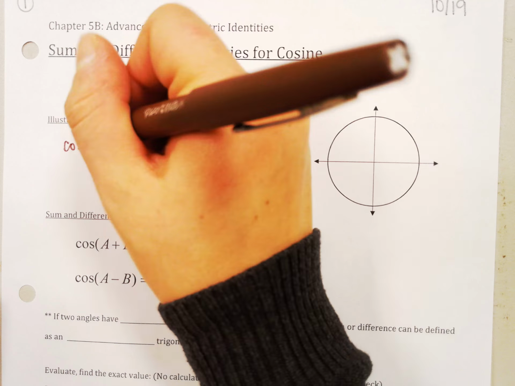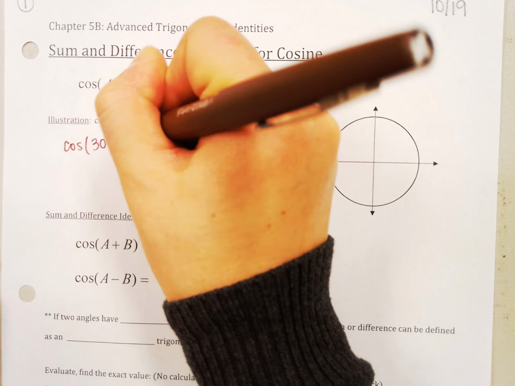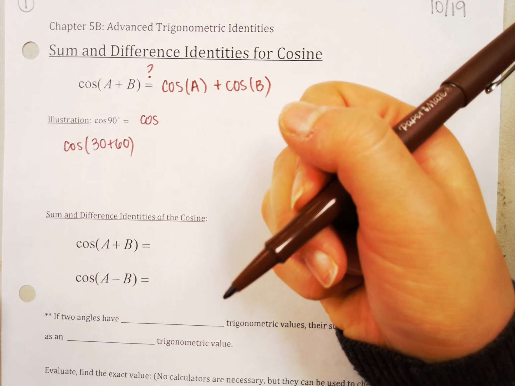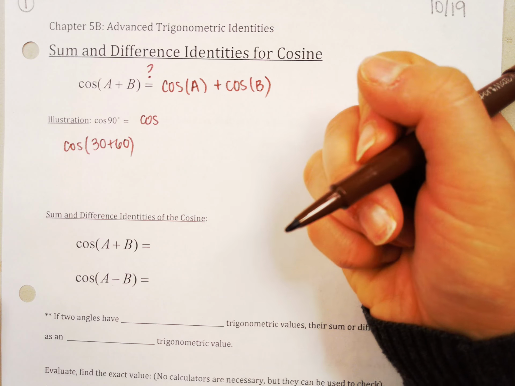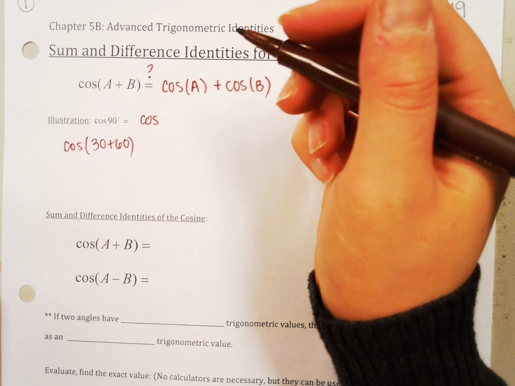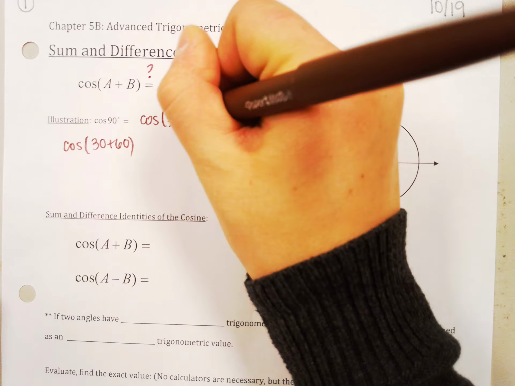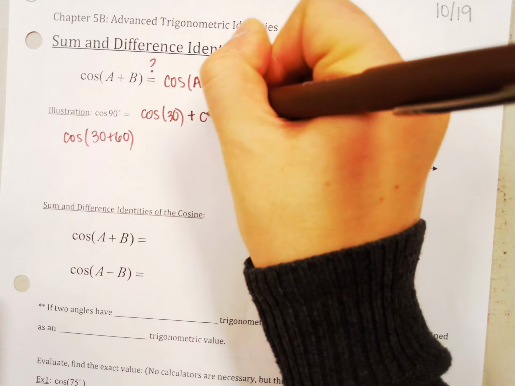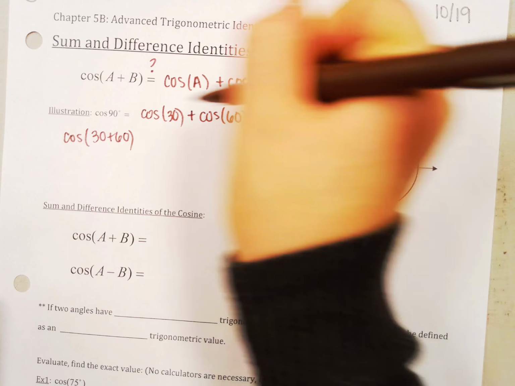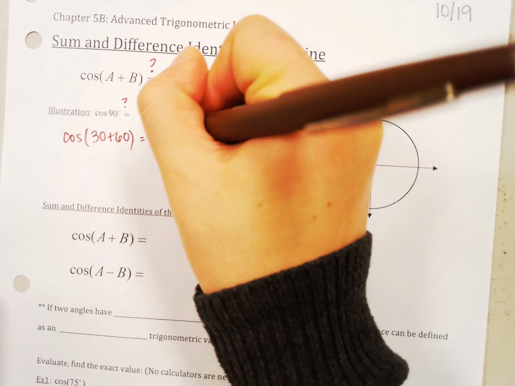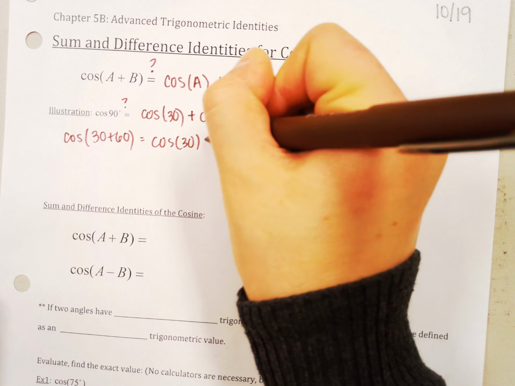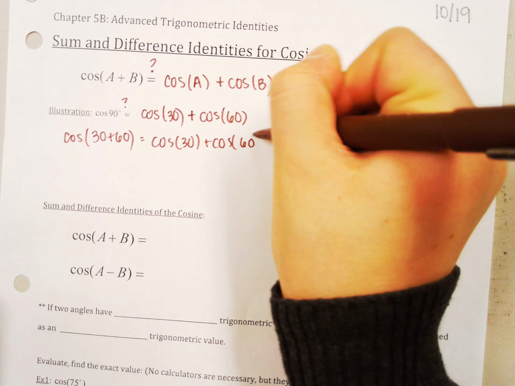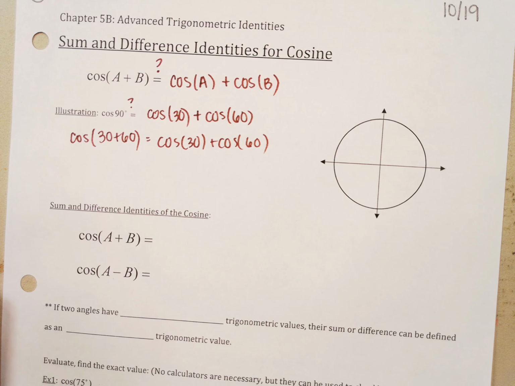So I'm going to rewrite 90 as 30 plus 60, but you could pick any two values that you want. So we're trying to decide, is the cosine of 30 plus 60, which is 90, equal to the cosine of 30 plus the cosine of 60? Again, we're trying to decide, is this true?